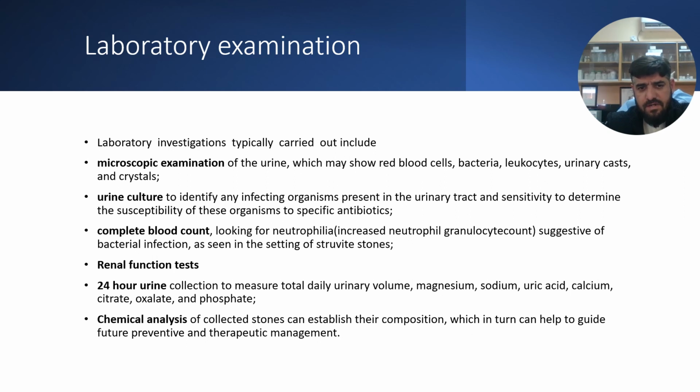Complete blood count is also carried out, which looks for neutrophilia in case of infection, and it is also shown in the struvite stone. Renal function tests are carried out to check the degree of damage of the kidney.